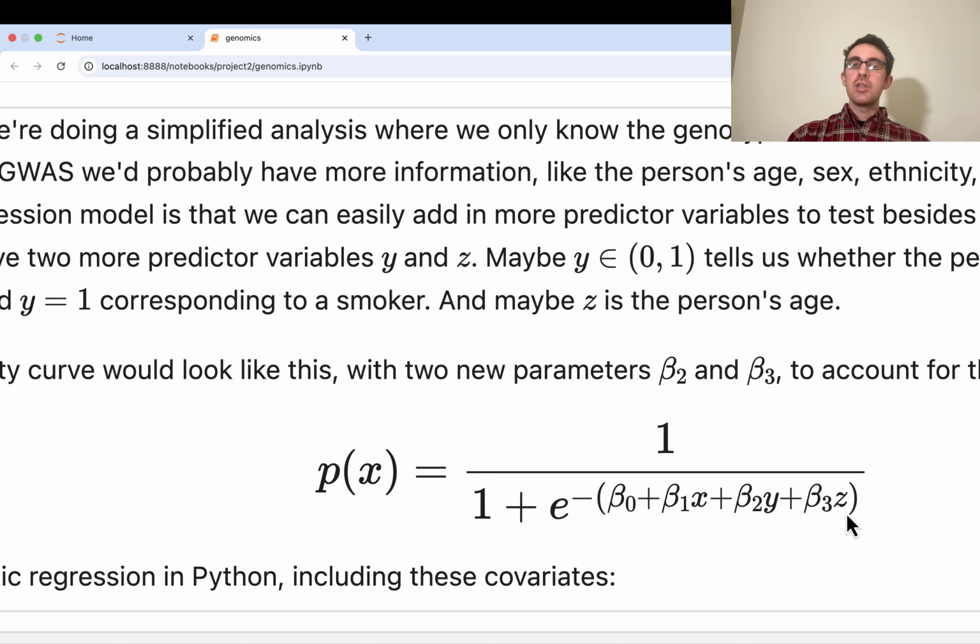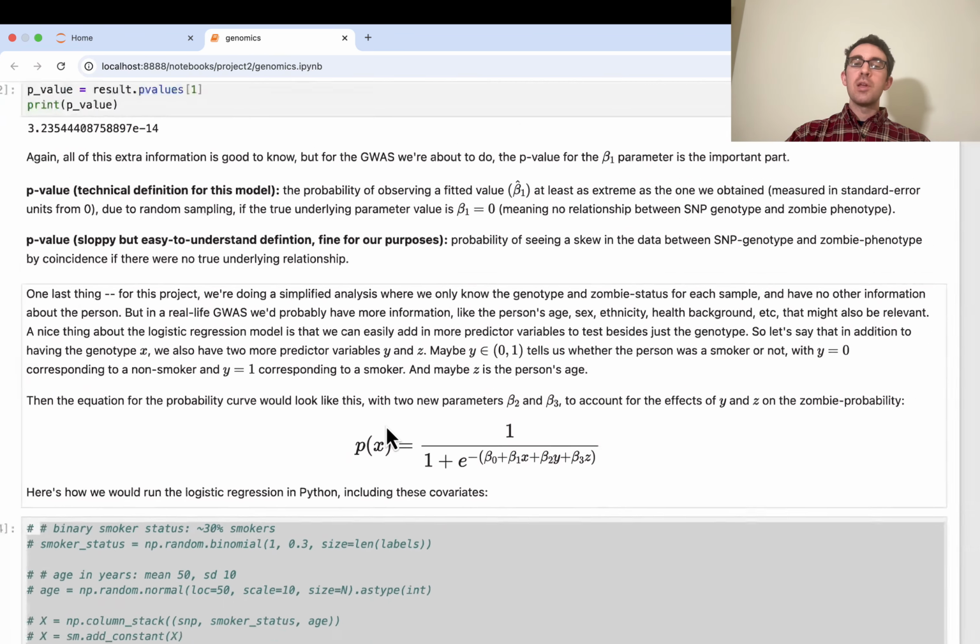Then beta 3 is a new parameter that multiplies Z and tells us whether the person's age had an impact on whether they became a zombie after being bit.